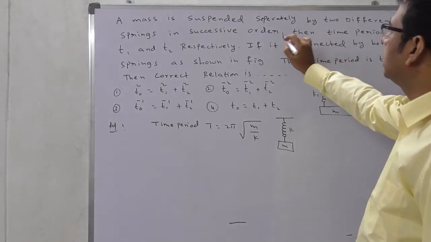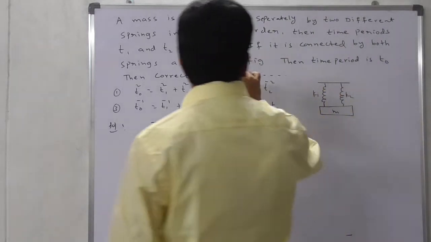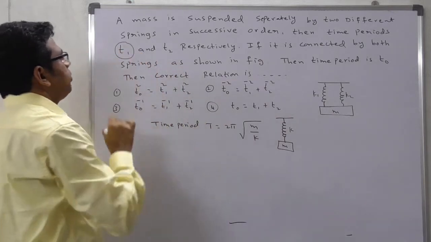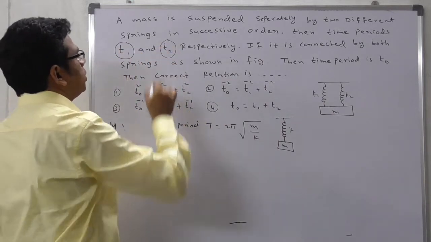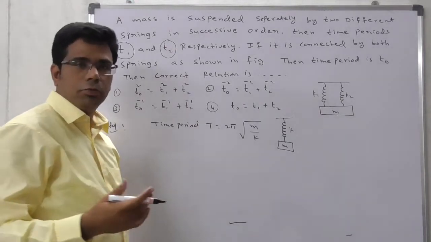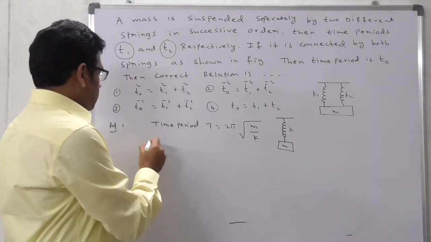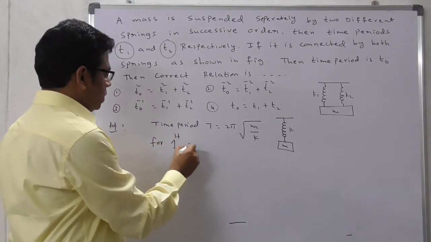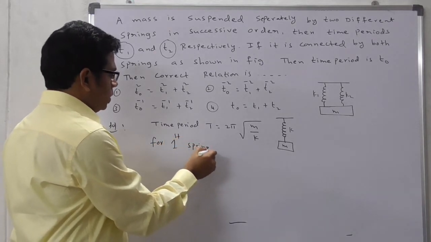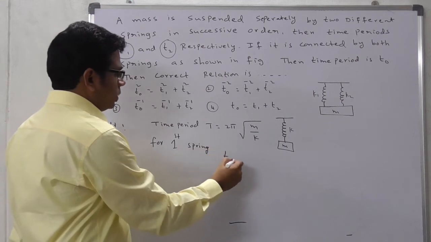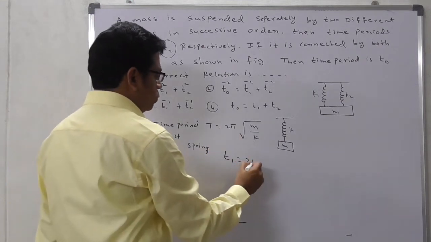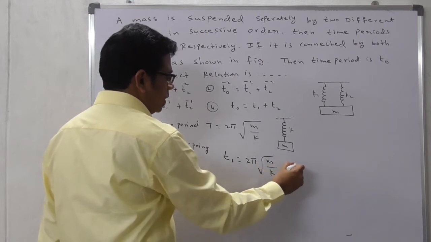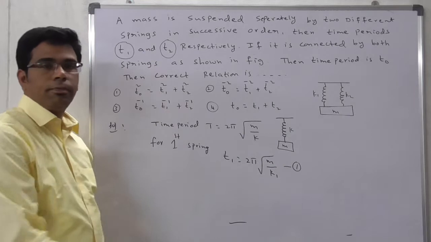Now, come to the question. Here two springs are given, the time period of the first one is T1 and the time period of the second one is T2, in successive order. For the first spring, the time period T1 is 2 pi under root m by K1. Let it be equation number 1.